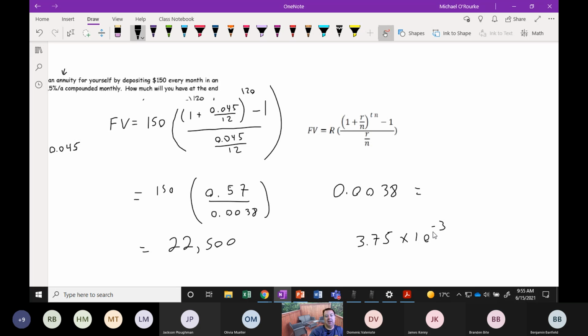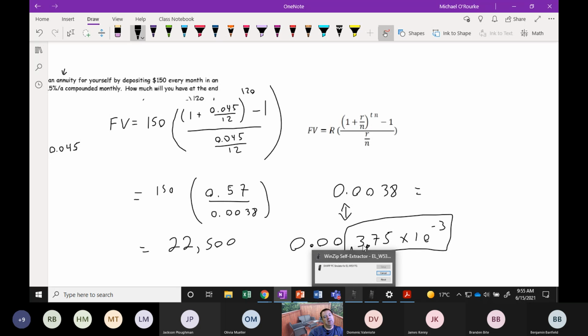So what that means is this is called scientific notation, okay? And what it means is that -3 means that decimal place isn't actually there. It actually moves this way 3 spots. 1, 2, 3. And if you look, these numbers match. Okay?